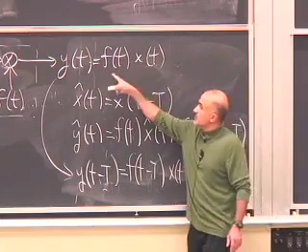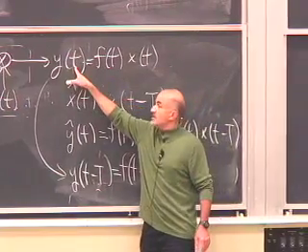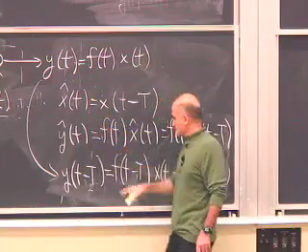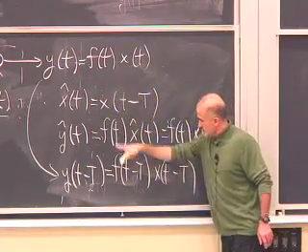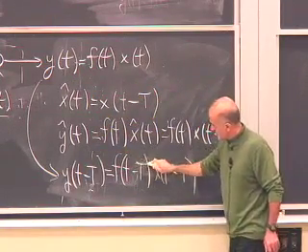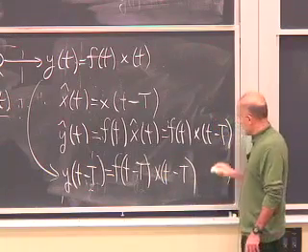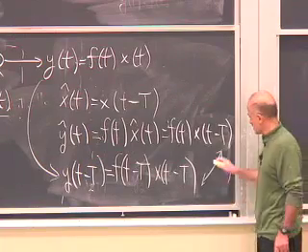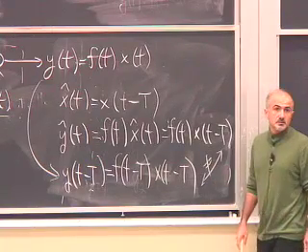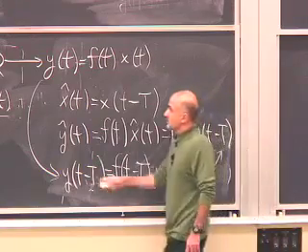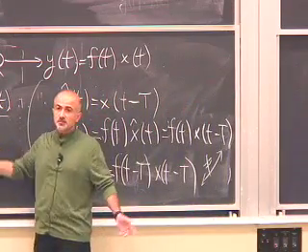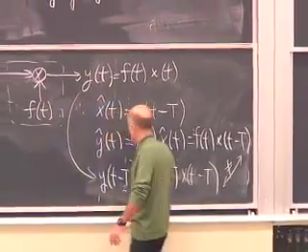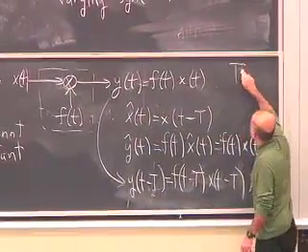In other words, you take this equation, every place you see a t, you replace it with t minus capital T. That means you have f of t minus capital T and x of t minus capital T. Are these two equal? If f is not a constant signal, they're not equal. If f is a constant signal, then it just becomes a scalar multiplication. Obviously, that's time invariant, just like the constant resistance. Okay? So this is time varying.